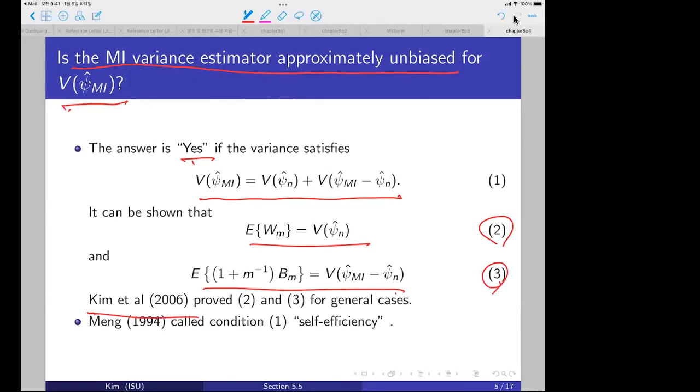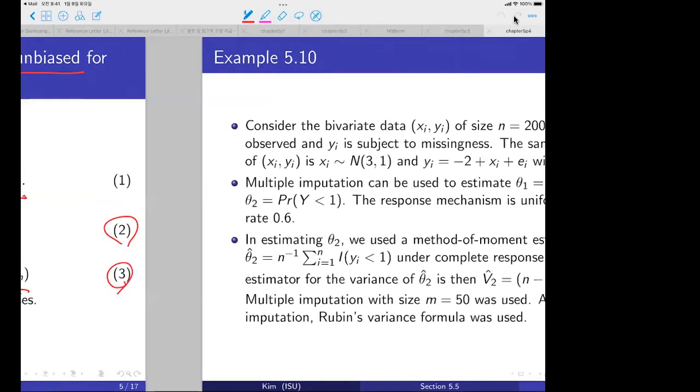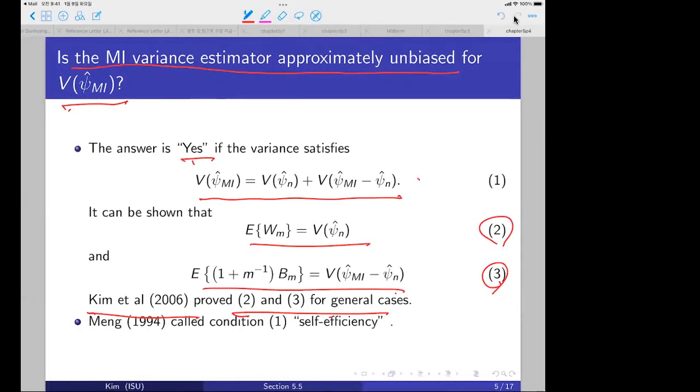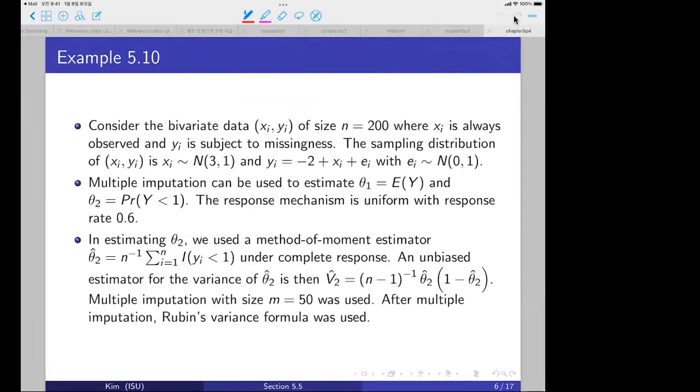So what I proved in my paper is that for many cases, we proved this, but what is missing is a covariance, right? So then here's a very simple simulation example. You can check.